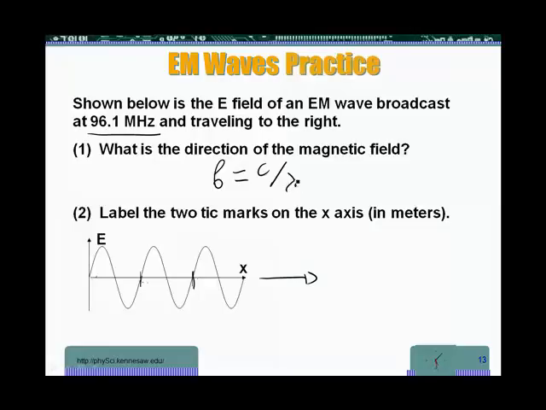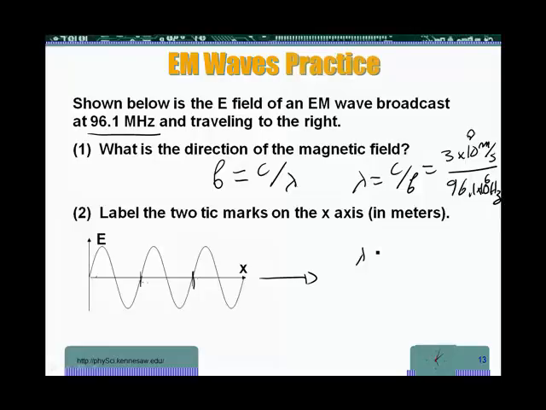Now we are trying to find lambda. So lambda is equal to C over F, which is 3×10⁸ meters per second over 96.1 megahertz. Mega is a million, so 10⁶ hertz.